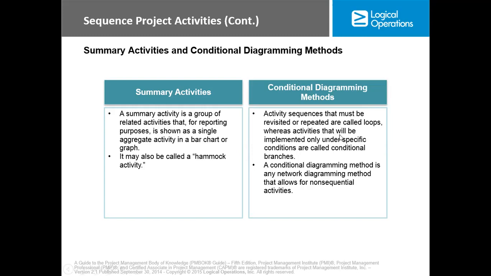For instance, we have status meetings or morning briefs. That is known as a loop or a repeated activity. A conditional diagramming method is any network diagram method that allows for non-sequential activity.